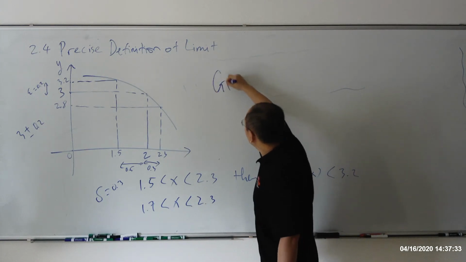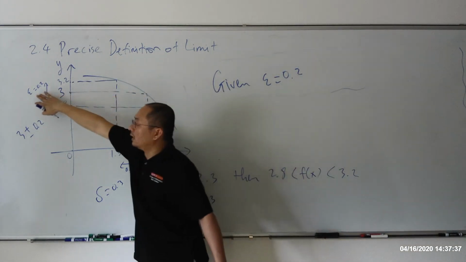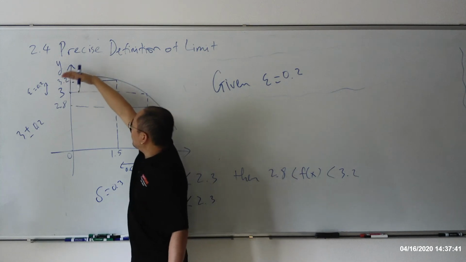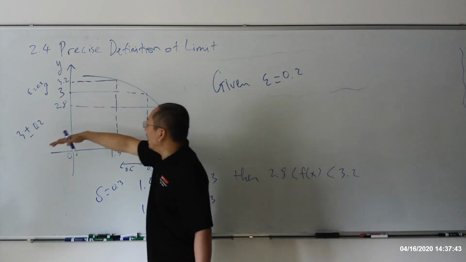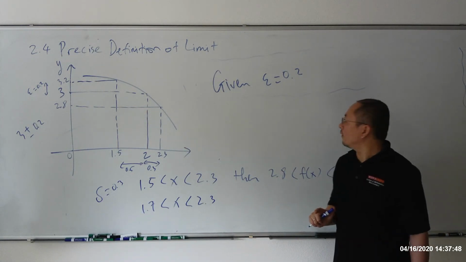If you are given epsilon equal to 0.2, epsilon here means you allow me an error of 0.2 around the limit point. So I have the interval from 2.8 to 3.2 for f of x.